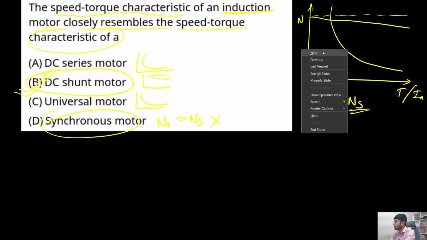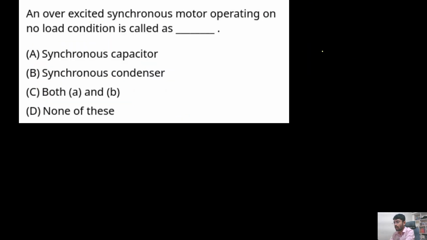So let's move to the next question. An overexcited synchronous motor operating on no load condition is called as, what is it called as? Synchronous condenser.